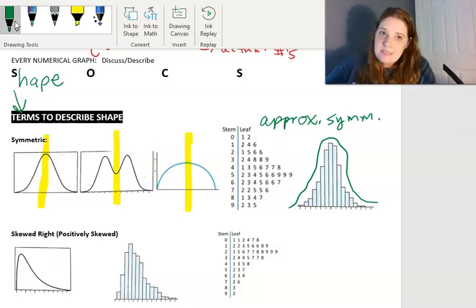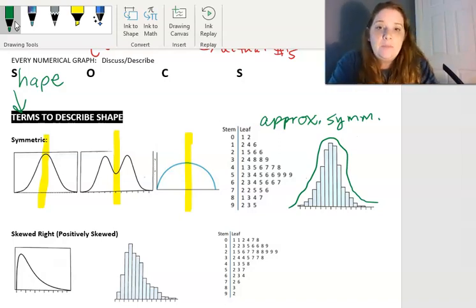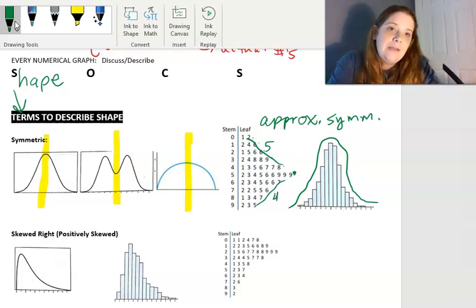Also, if I look at the stem plot, and again, I kind of want to tilt my head to the side and look at it like a number line, 0, 1, 2, 3, 4, 5, 6, 7, 8, 9. Okay, so here's the peak of the graph, that's the highest point. If I look on the left, there's 5 bars on the left side, and then 4 bars on the right side of data.